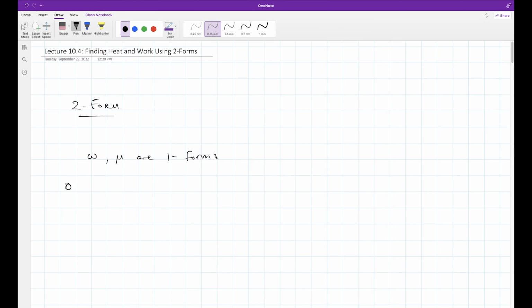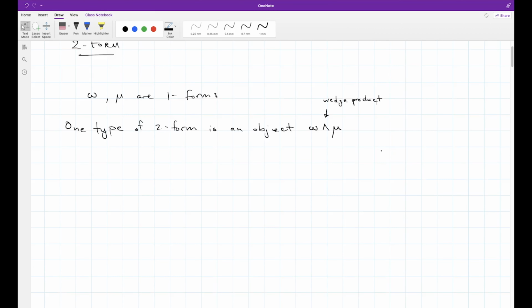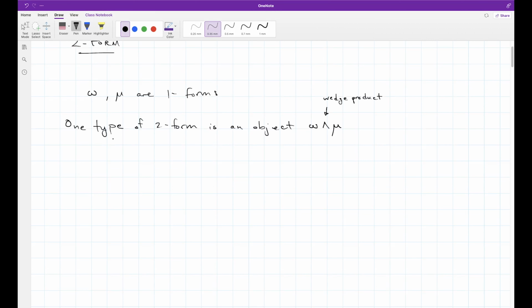Then one type of two form, which I'll define more carefully in a second, is an object omega wedge mu, where this is called the wedge product. So all I'm saying here is that if we take the so-called wedge product of two one forms, we'll get a two form.